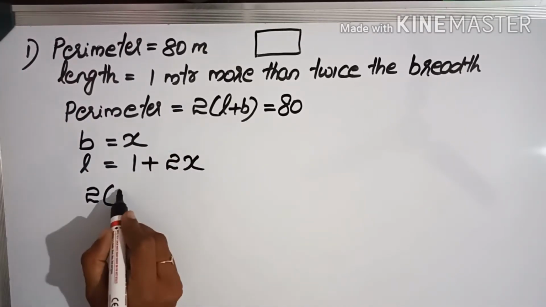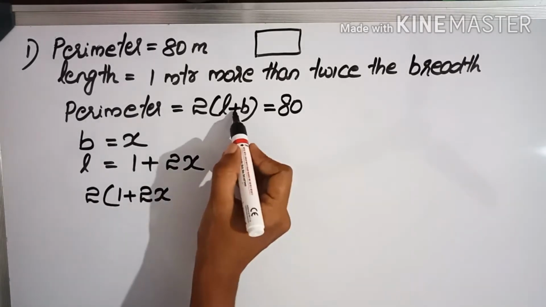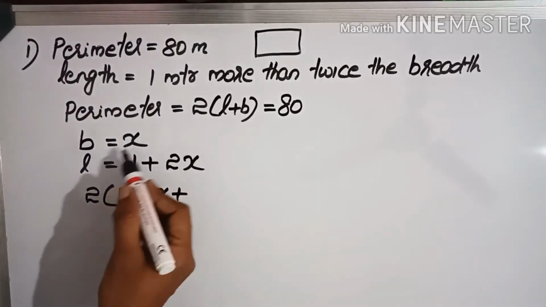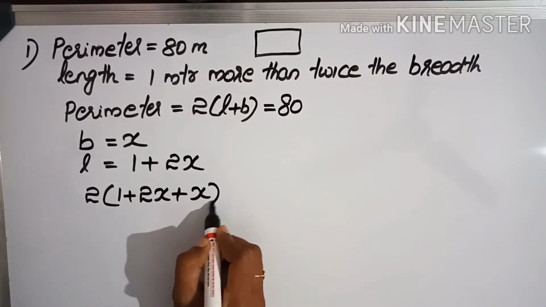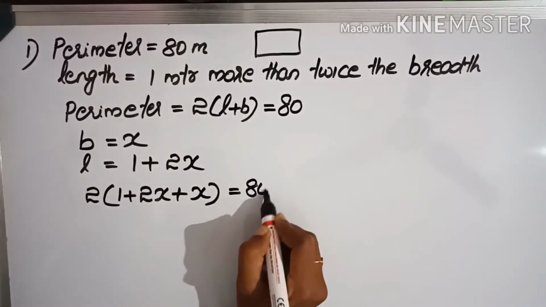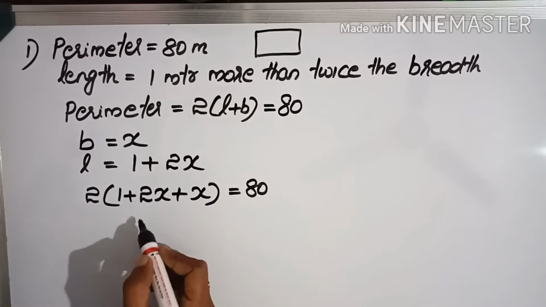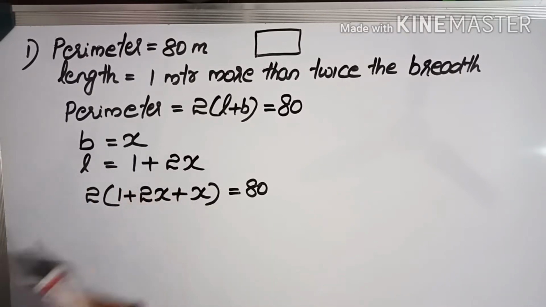So 2 into (1 plus 2x plus breadth). Breadth equals x. So here we write x, bracket close, that is equal to 80. So we got it like this. Now from this we are going to find x. After finding x, that is breadth, we will get it, and after that we can find length.